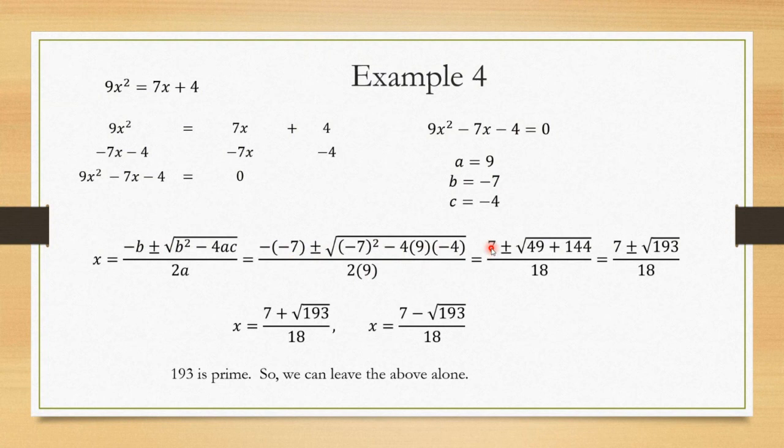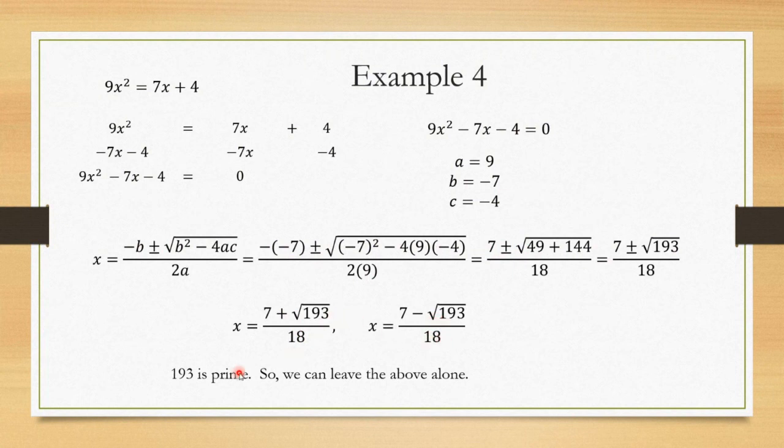And so from here, we get 7 plus or minus the square root of 49, minus negative, so it's going to be plus 144, over 18. The two solutions then are 7 plus the square root of 193 over 18, and 7 minus the square root of 193 over 18.